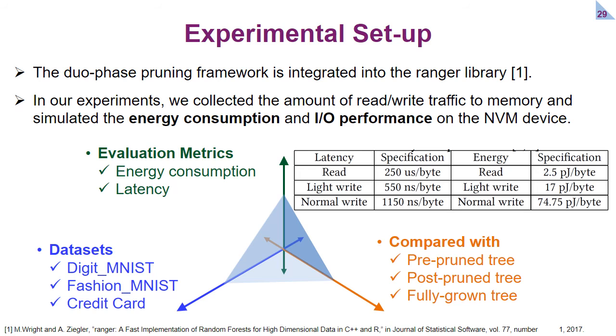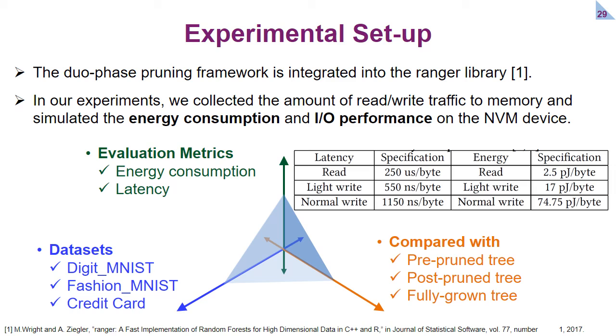The proposed framework was integrated into the famous Ranger, and we collected the amount of read-write traffic to memory and simulated the energy consumption and I/O performance on the ambient device. The evaluated metrics are the energy consumption and the latency.